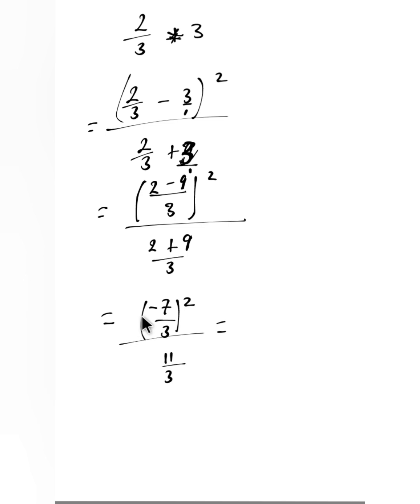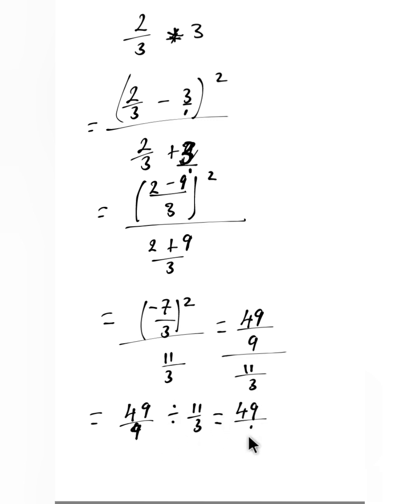Now minus 7 squared is 49, 3 squared is 9, all over 11 over 3. So the point where we have now, we have 49 over 9 divided by 11 over 3. Now if I turn this division sign into multiplication, we have 49 over 9 times 3 over 11.